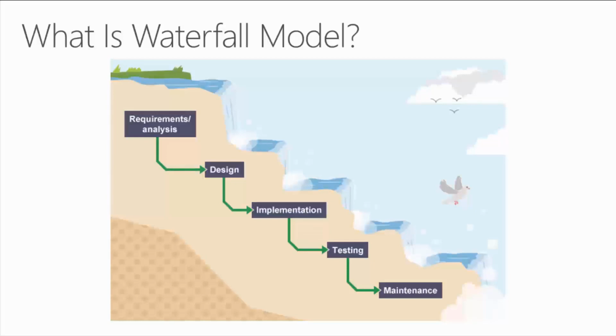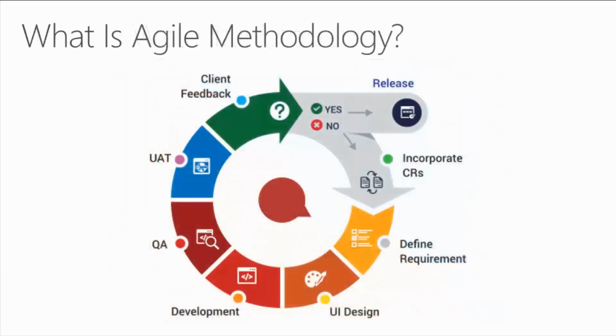So using this approach simply means that you're doing everything step by step, right? So you finish the requirement section, then you get into the design. Once the design of the software is completed, then you get into implementation, testing, and maintenance. So for the last several decades, we've been using this model or approach.